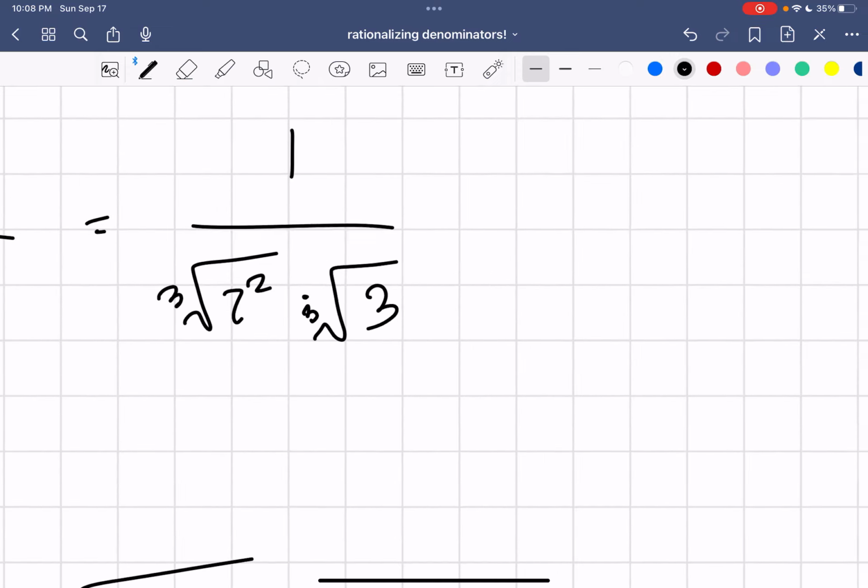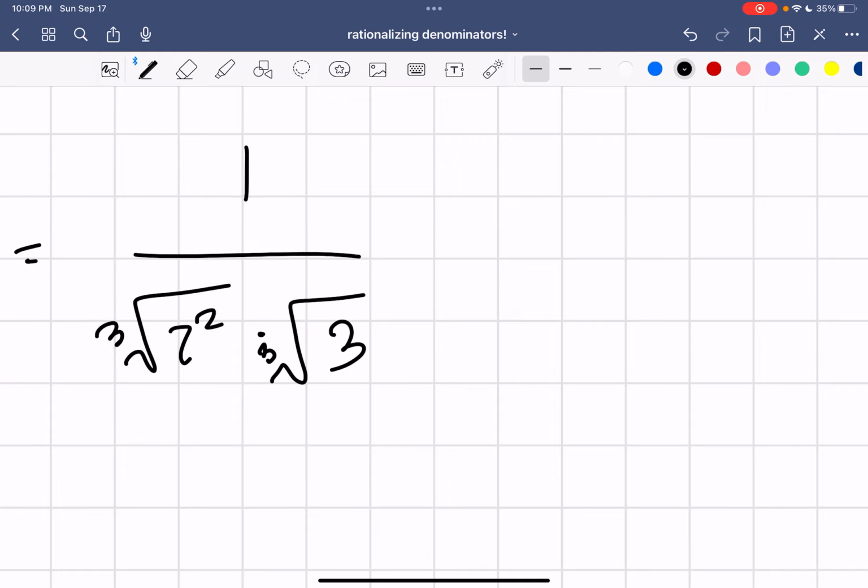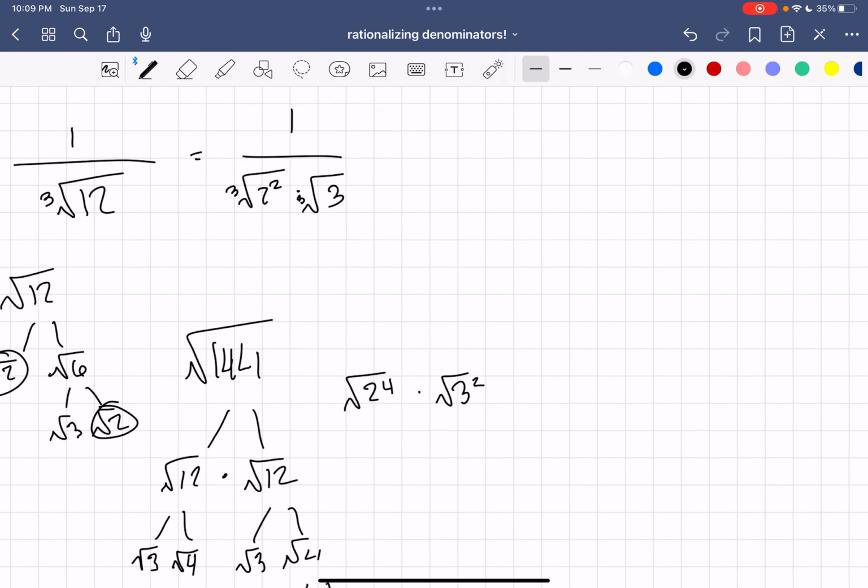There we go. And now to simplify that, we have to rationalize it, because that's what we're supposed to be doing.